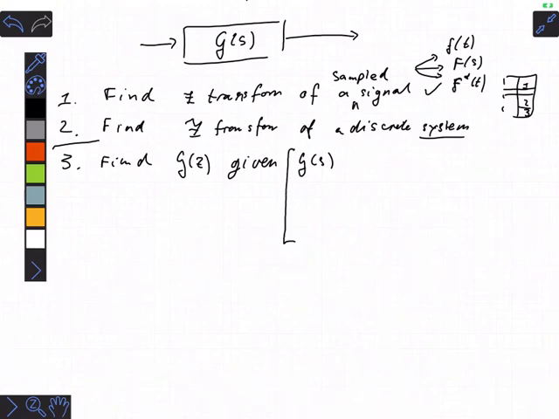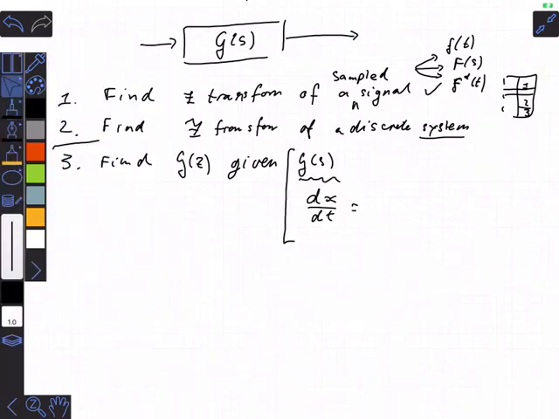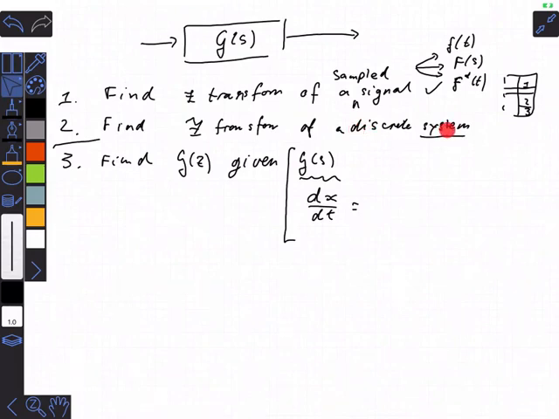Now, I'm going to do a slightly easier version of the problem first, which is, what if we have differential equations of time describing that system? Right? So remember that we know exactly how to handle the case where I have a discrete system, a difference equation, right?